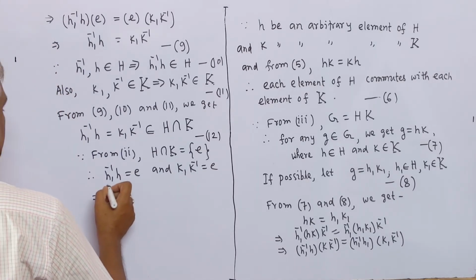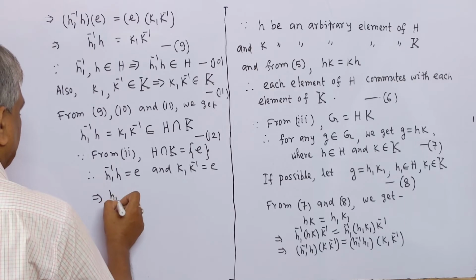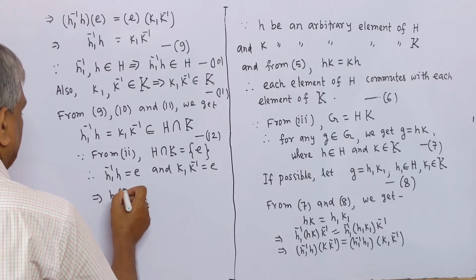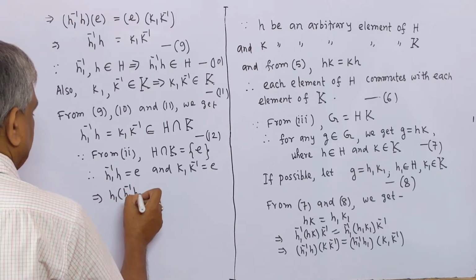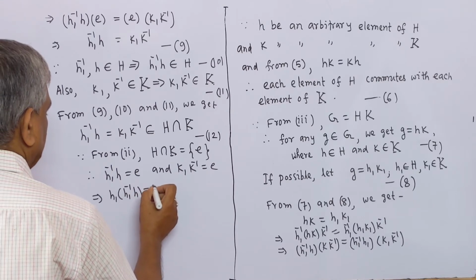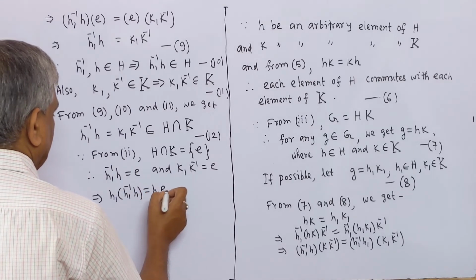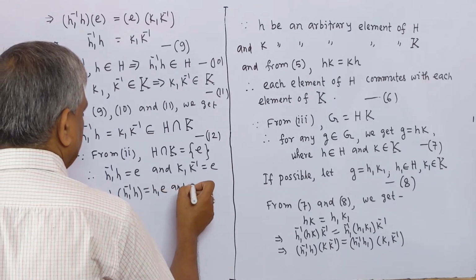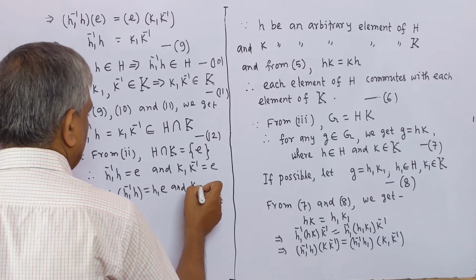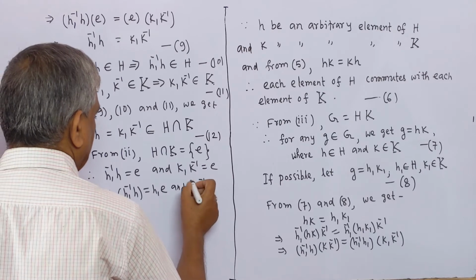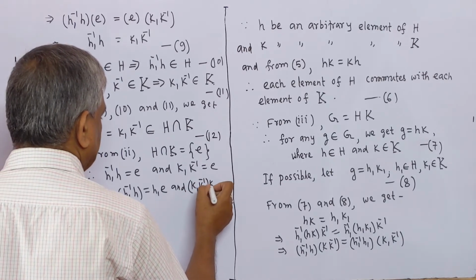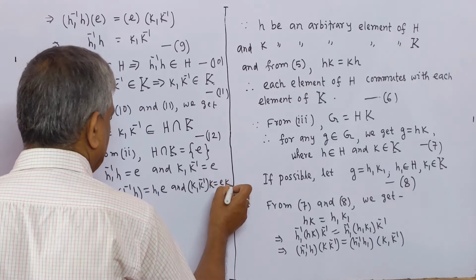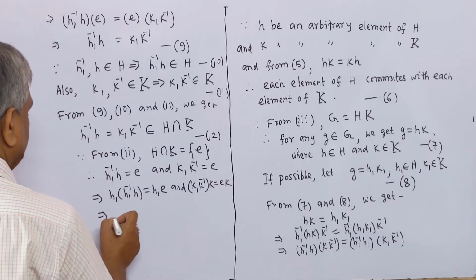This implies that here we take the operation H1 inverse H equal to H1 identity element, and here we take the operation K equal to EK.